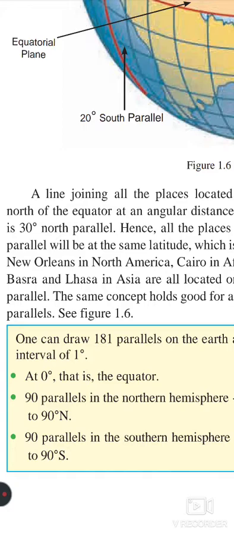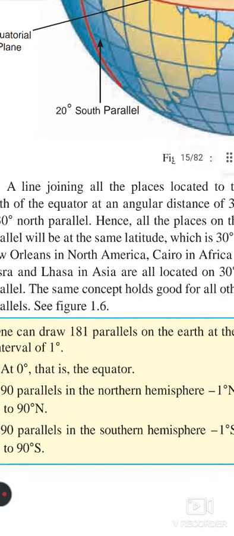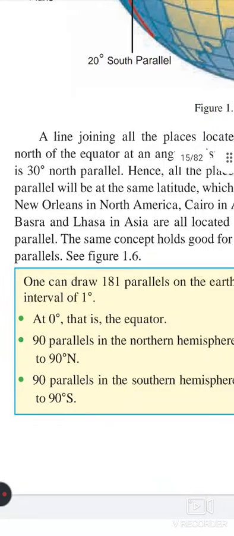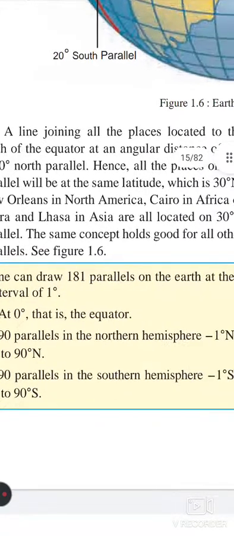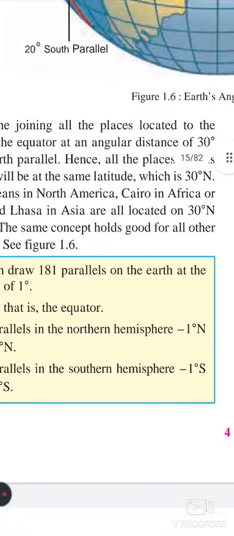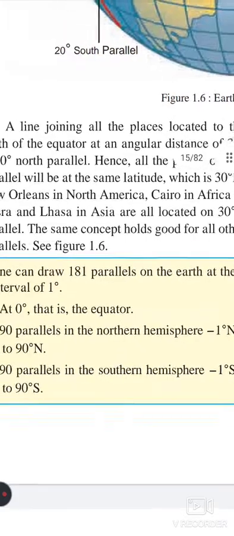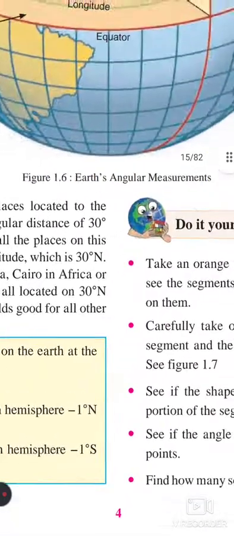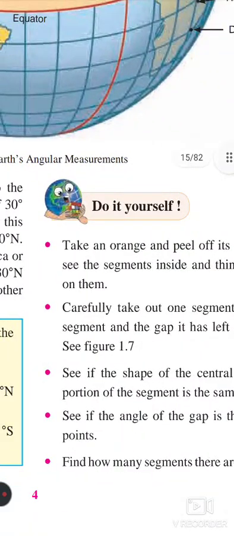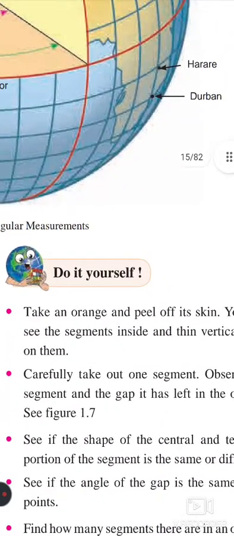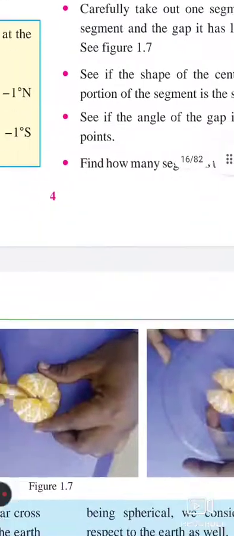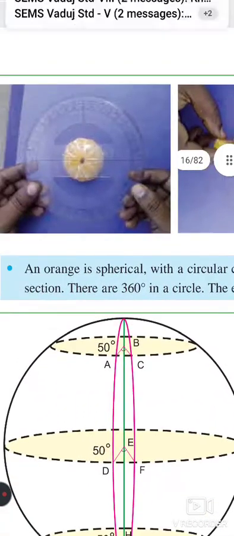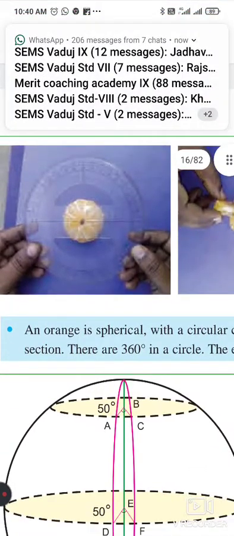There are 90 parallels in the northern hemisphere, 1 degree north to 90 degrees north, and 90 parallels in the southern hemisphere, 1 degree south to 90 degrees south. So this is how we calculate any location on the earth with the help of imaginary lines of longitude and latitude.